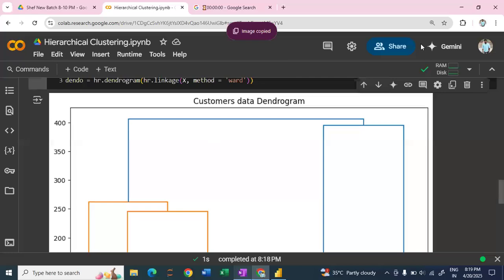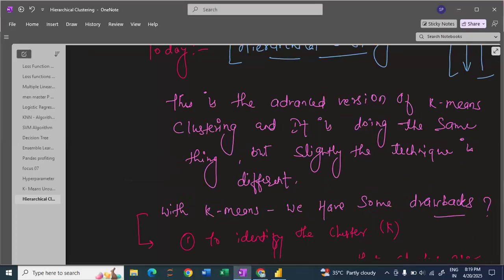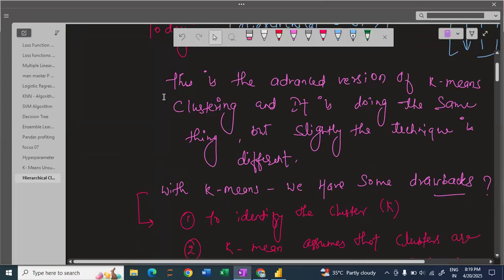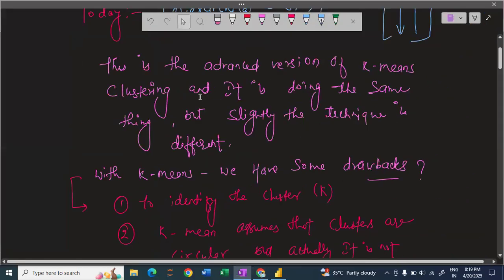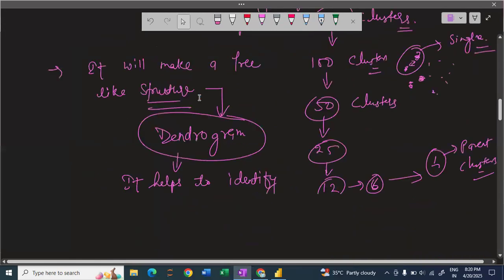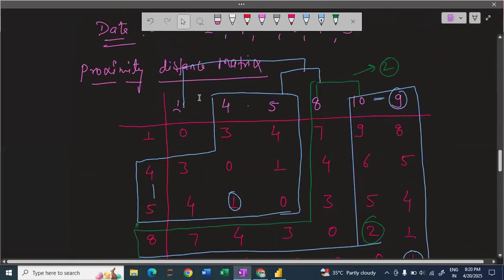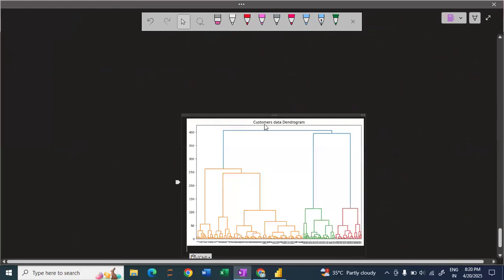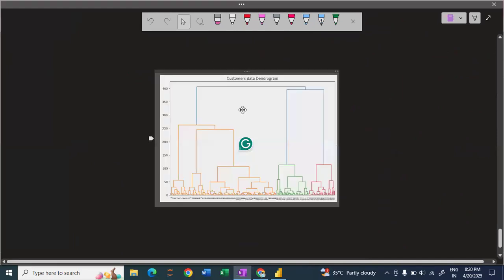Now the problem is, with the dendrogram, how can I identify the optimal number of clusters? What is the optimal number of clusters from this dendrogram? Now this is the main problem. It looks like a decision tree structure. Yes, tree structures. That's why the name is hierarchical. It follows some hierarchy.